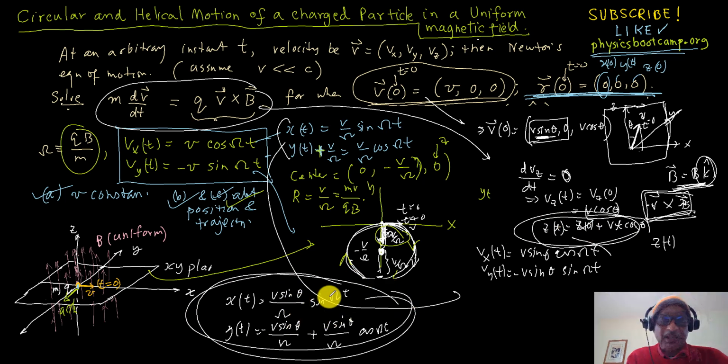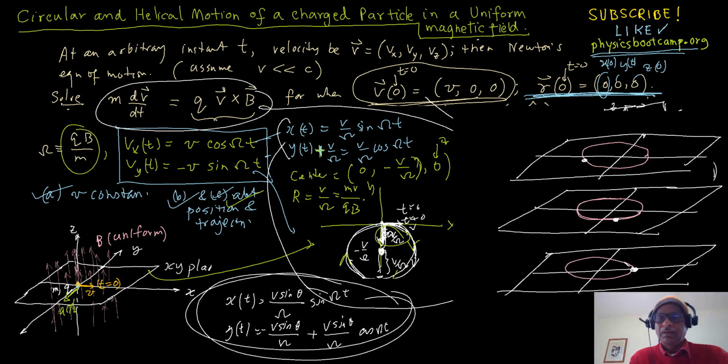So the projection of this in the xy plane is still going in a circle, but that plane is getting lifted, and that is what the helical motion will be. Let me draw this out. If you draw at, say, sometime t0, sometime t1, sometime t2, it's still going in a circle in the xy plane.